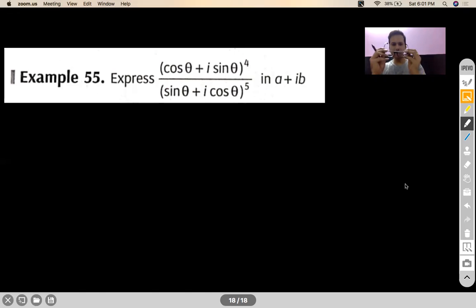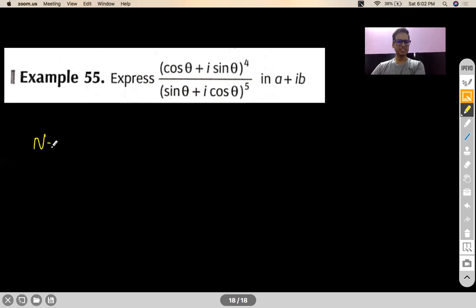Yes, anybody with the value of a and b? Nobody. Is it so difficult?